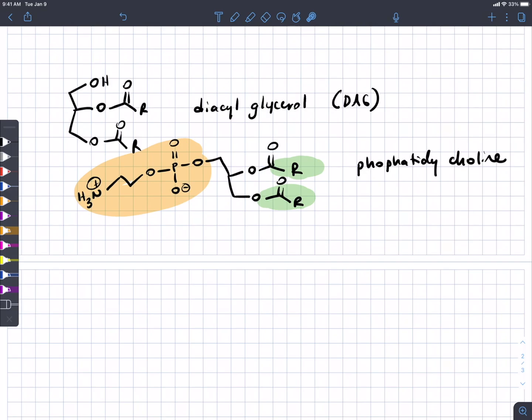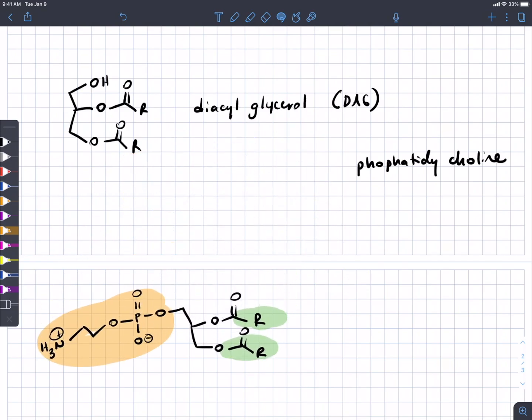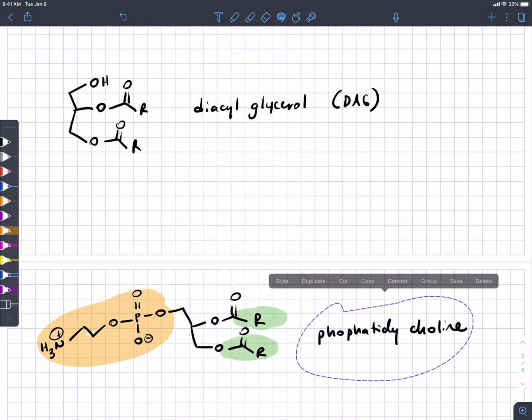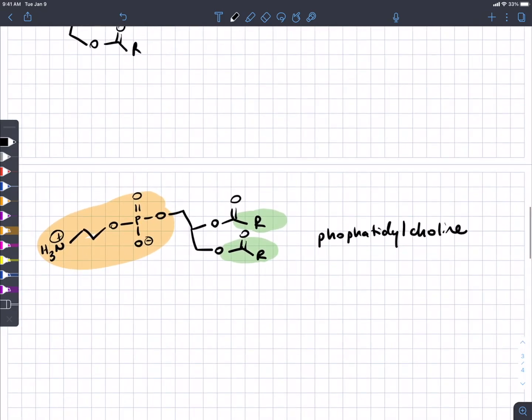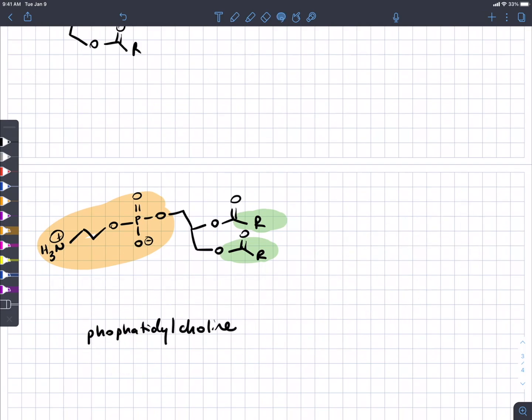Hold on just a second. And if you look at the overall shape of this molecule, instead of being sort of conical, it's more cylindrical in shape.